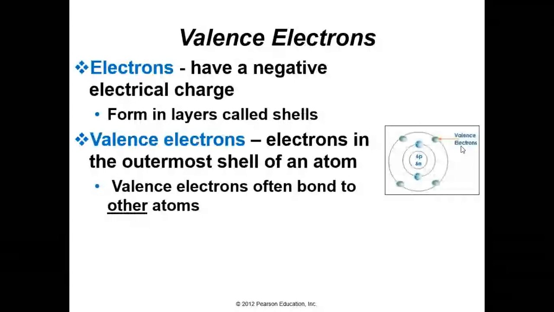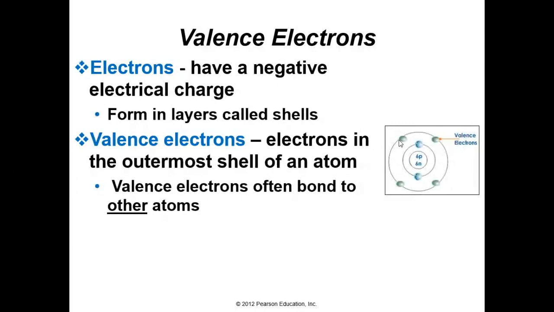At the most basic level, it's these valence electrons that bond with other atoms. Other atoms also have valence electrons on their outside edges, and it's the valence electrons between the two different atoms that attract each other to connect them together.